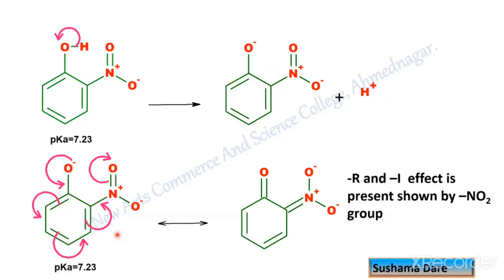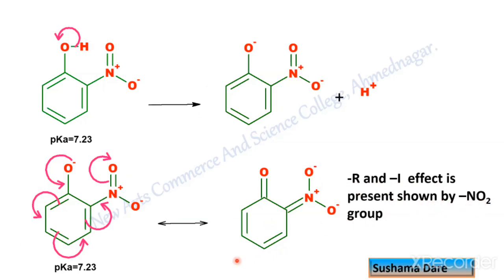During this resonance, the nitro group takes part in the resonance. Because of this resonance, look here that oxygen carries the negative sign. So this resonance is more powerful. Now what are the different effects here? The minus R effect and minus I effect are present, shown by the NO2 group.